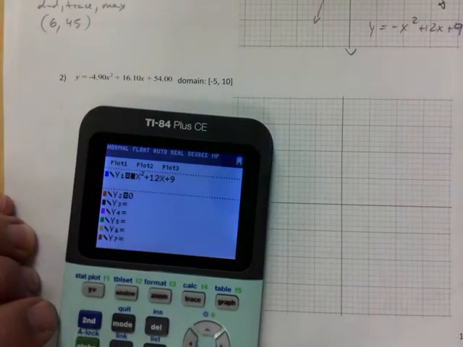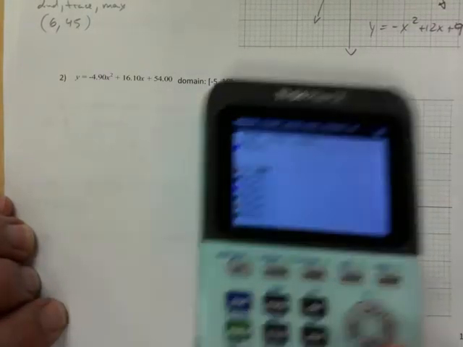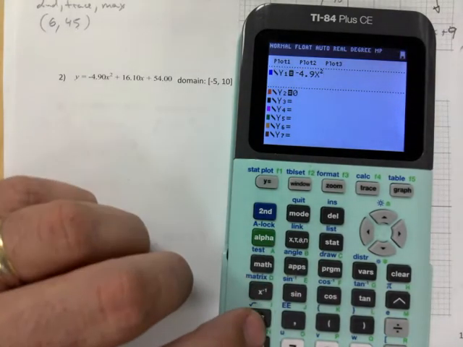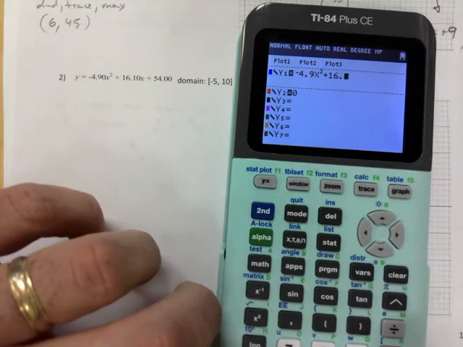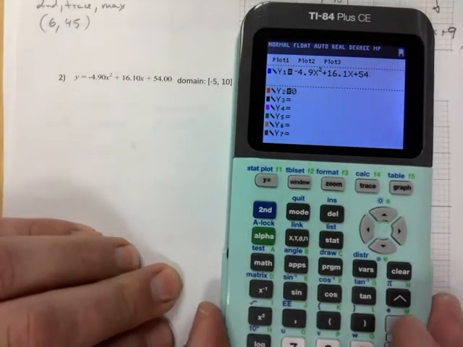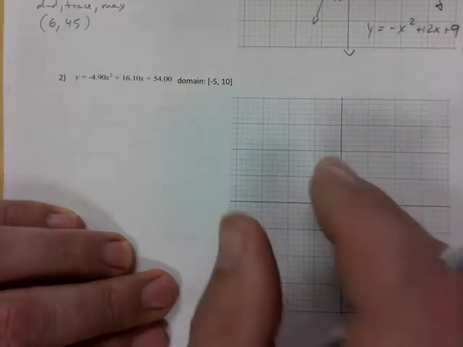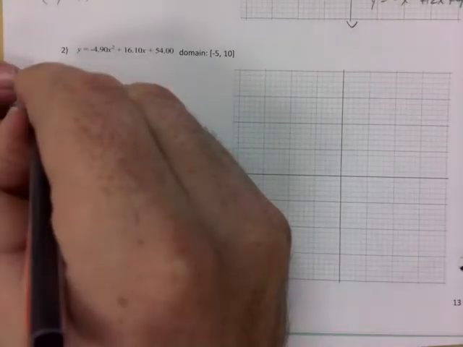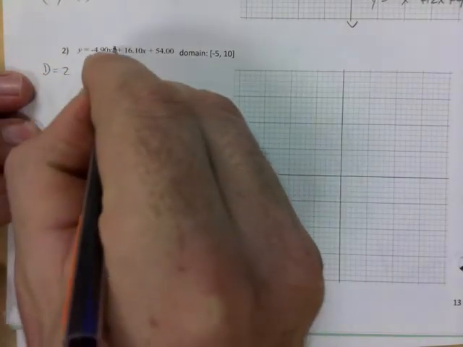Here you have, just going to clear that, right? -4.9 x squared. Before I graph it, I will first look at what do we know, right? Before I even graph it on my calculator, I'm going to figure out what is it that I already know. So I know that the degree is 2 because that's the highest power.